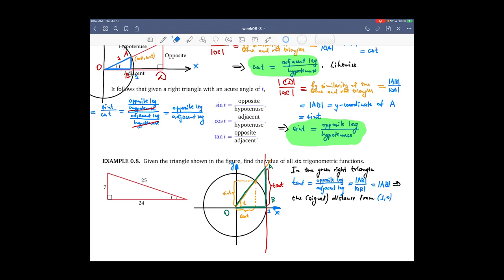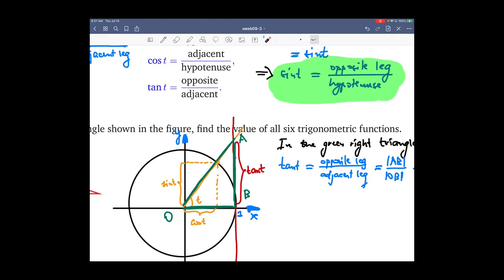I don't think I want to write it in words. I think we have already explained it. Rather than saying it in words, we can use the picture. Once again, if this is angle T, then the point of intersection of the terminal side of the angle with the vertical line through the point 1, 0 gives you the distance along this vertical line, that is tangent t.